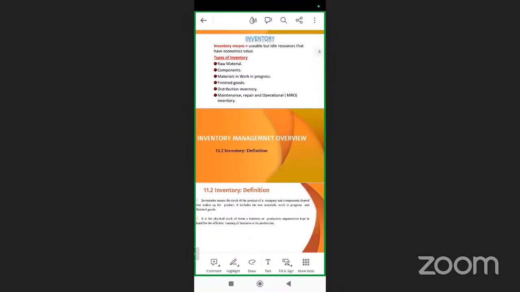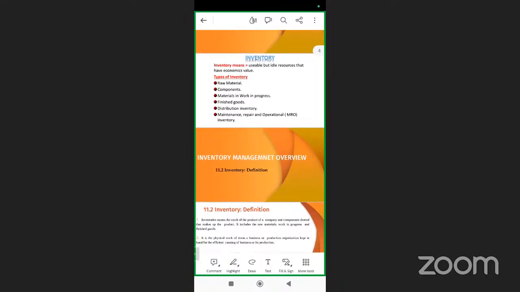What are the inventory? Raw materials and components, materials in work in progress, finished goods, distribution inventory, maintenance, repair and operational inventory. All these things come under inventory. In simple words, the raw materials, the components, the spare parts, and the semi-finished products, that means which are not completed products, but kind of spare parts which will be attached to that, right?